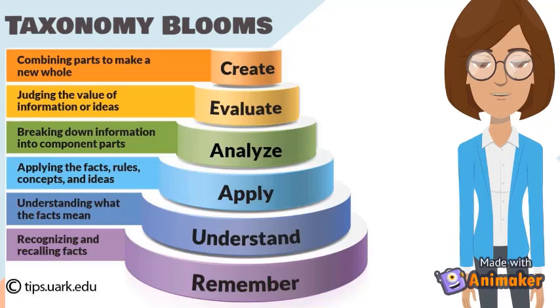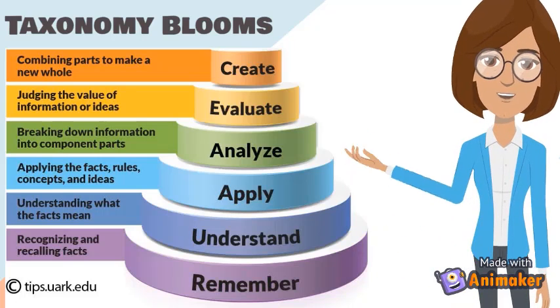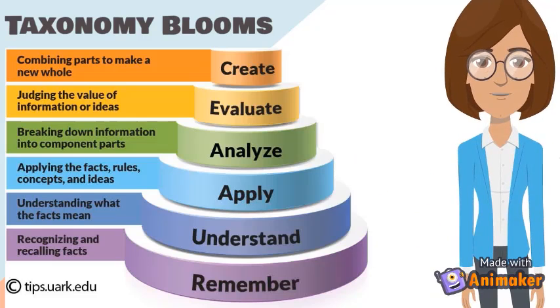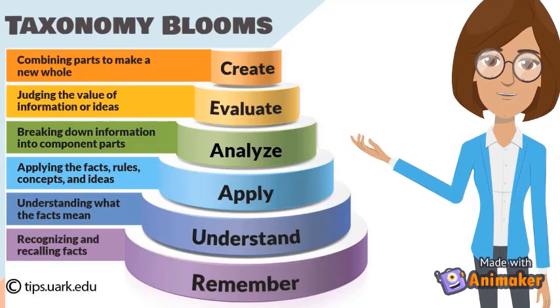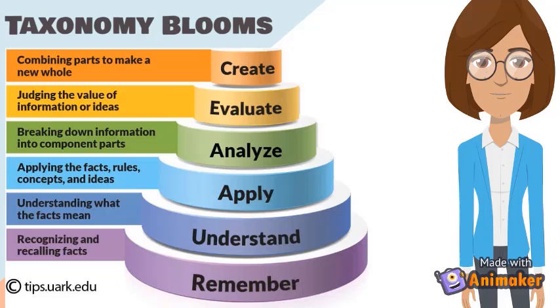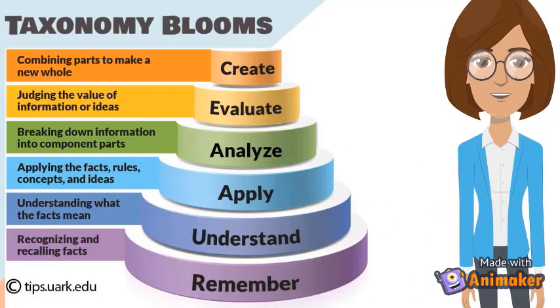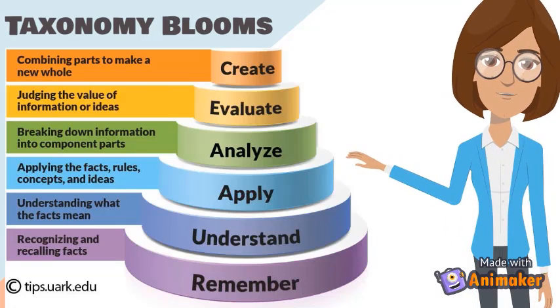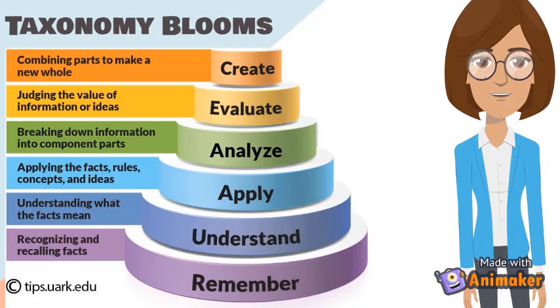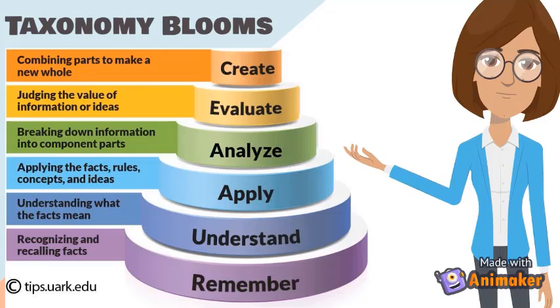Here, the explanation above is based on the taxonomy of educational objectives, which consists of knowledge, comprehension, application, analysis, synthesis, and evaluation. If you go back to the steps, you can see that the bottom is the biggest, meanwhile the top is the smallest.